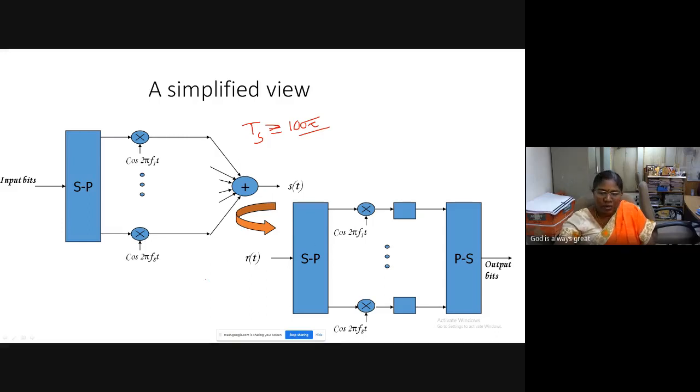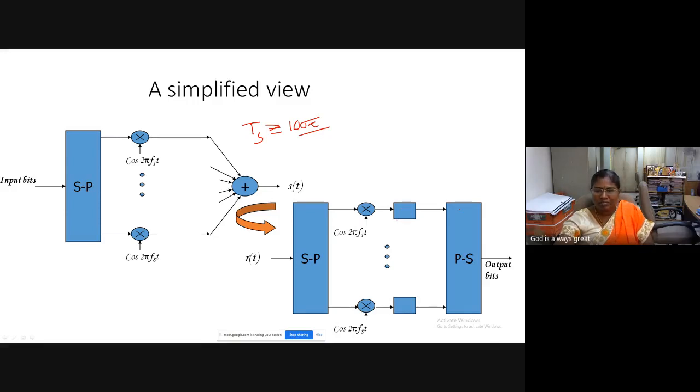So, how are we going to receive the signal back? Get your R of t, replicate it p times, to every stream. You are doing coherent demodulation. That is, every line to get back your signals that have been transmitted using frequency f1, you need to correlate with cos of 2 pi f1t, then integrate it over one symbol duration.